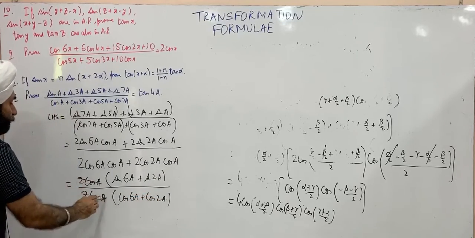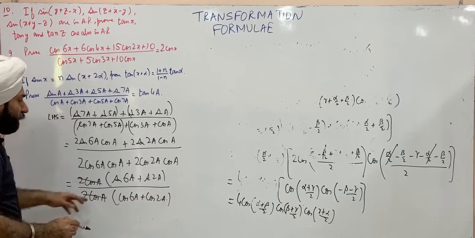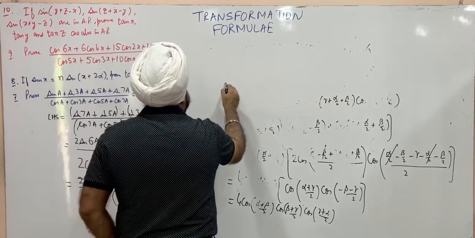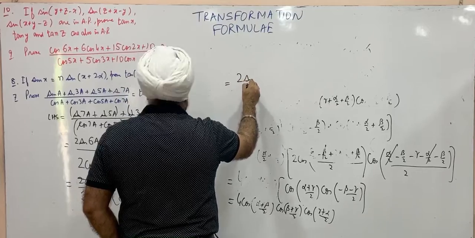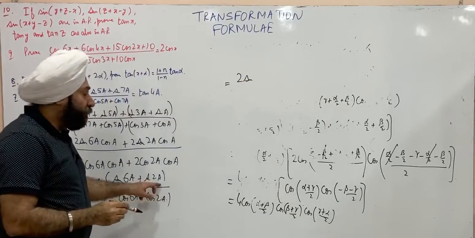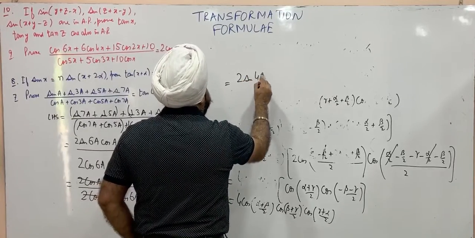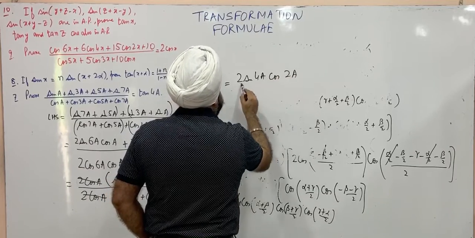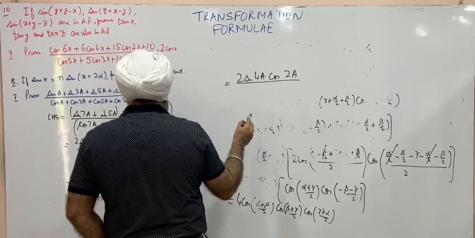This cancels. Now applying CD formulas once again, sin C plus sin D, this is 2 sin sum of angles upon 2, that's 4a, into cos of difference of angles upon 2, that is cos 2a.